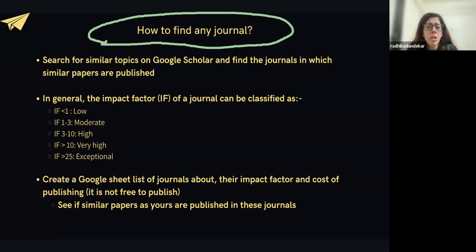Whether or not your paper gets published in a particular journal, it's very important to note that you still have to pay the publication fee, the submission fee. If you decide to submit your paper to a particular conference, that does not have any charges of submission.